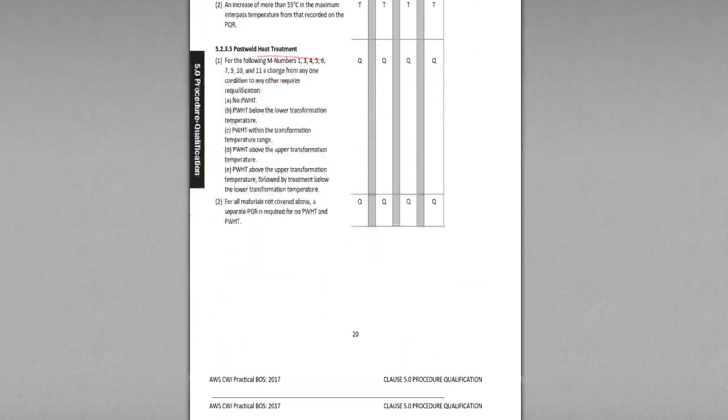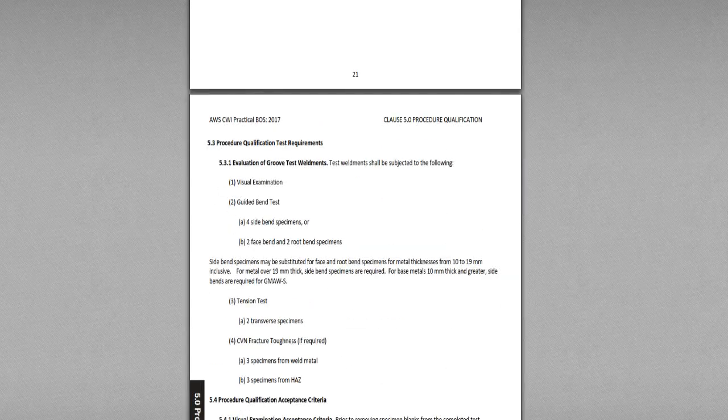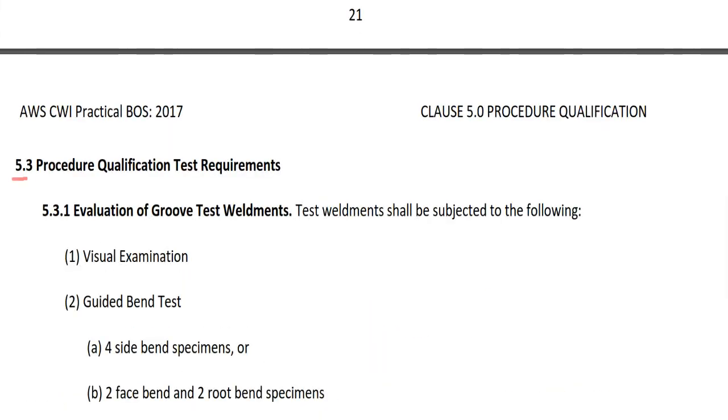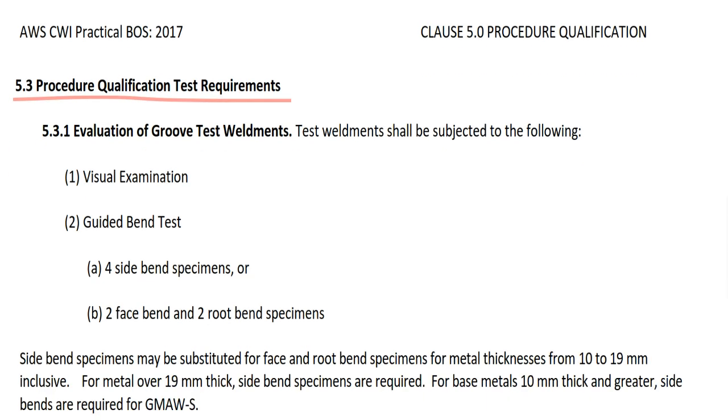I'm going to move on to the next paragraph, which is 5.3 Procedure Qualification Test Requirements. 5.3.1 Evaluation of Groove Test Weldments. Test weldments shall be subjected to the following.